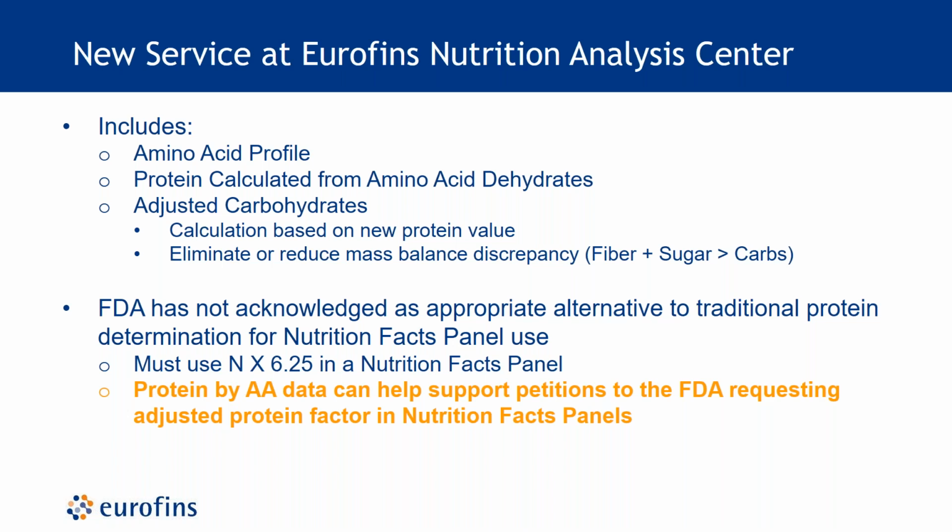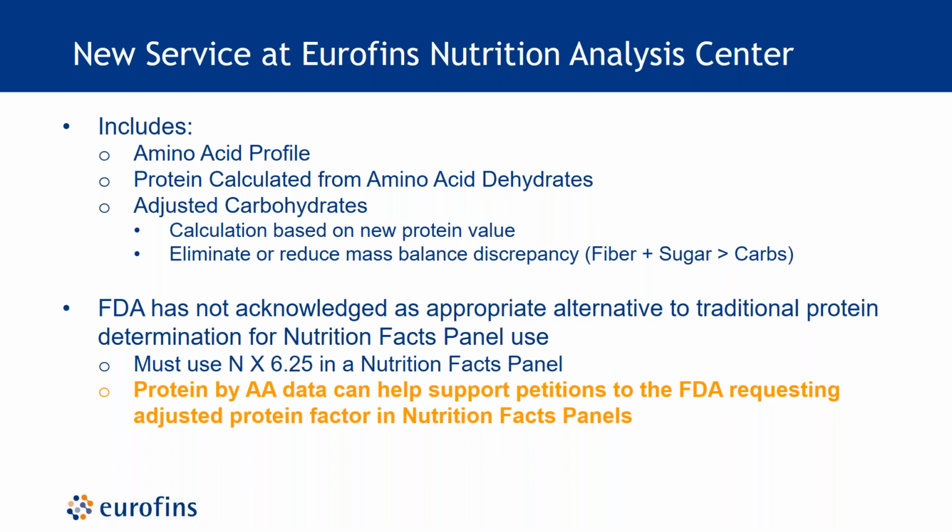With this, it is super important that I touch on the next point, which is that our proposed solution is not, and I recognize it is not, an immediate solution, but rather pushing for change in the long term. The FDA, despite our reaching out several times seeking clarification, has not formally acknowledged protein by AA as an appropriate alternative to the nitrogen by 6.25, even though you can do PDCAAS for certain labels.